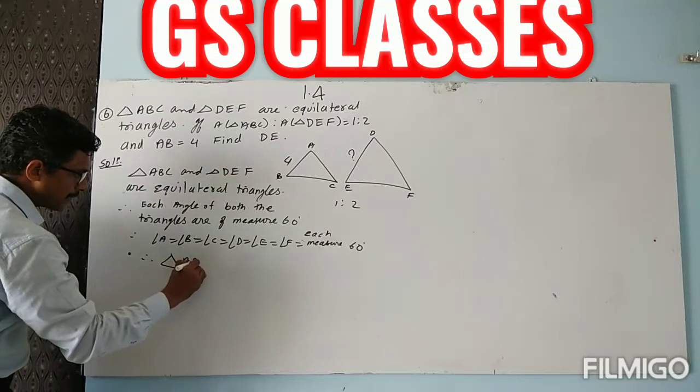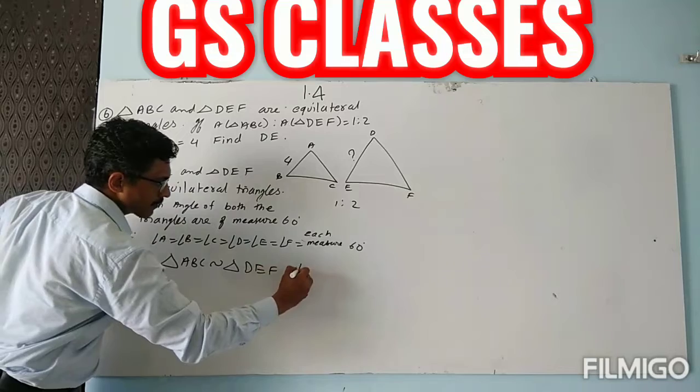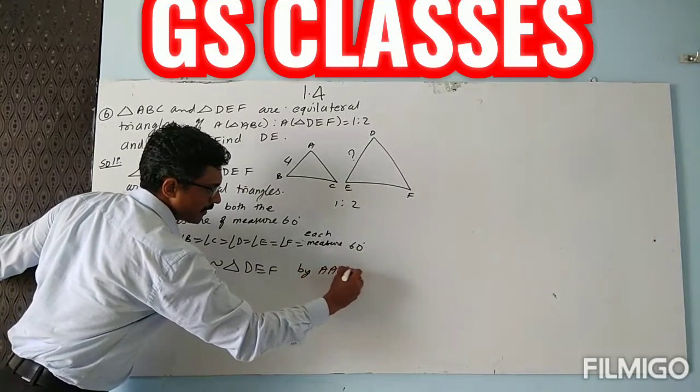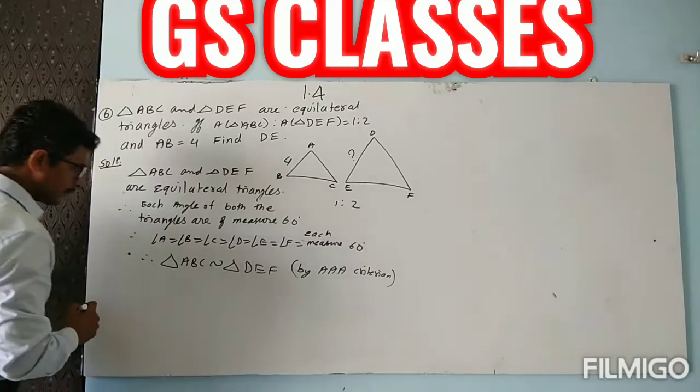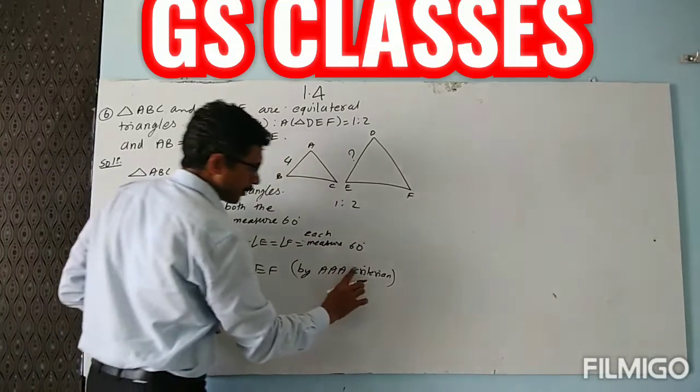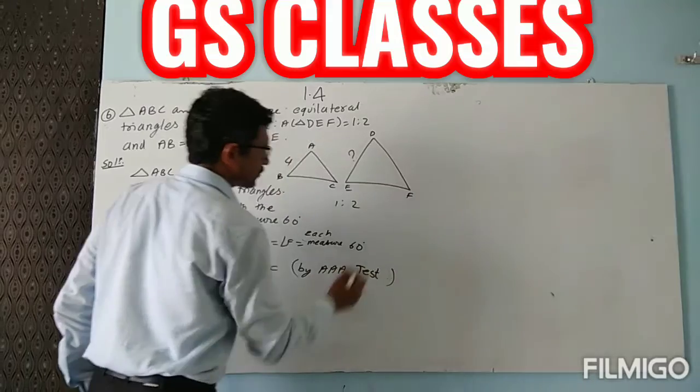So triangle ABC is now similar to triangle DEF by AAA criterion, or we actually use the word test, by AAA test.